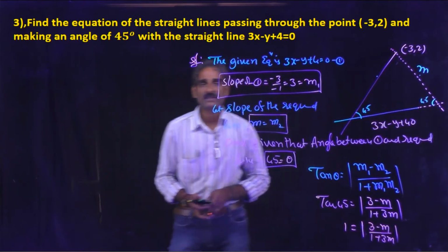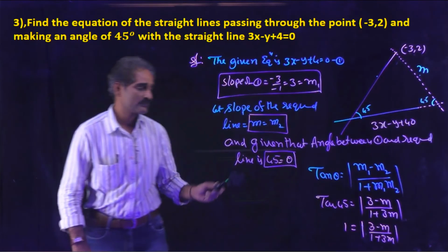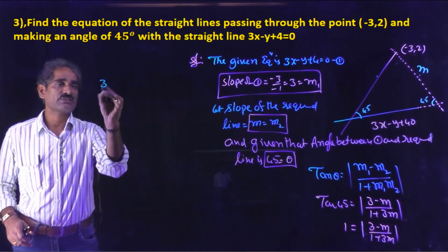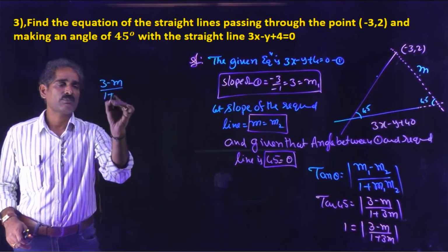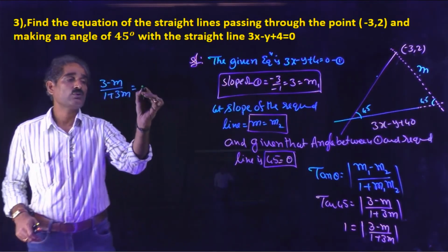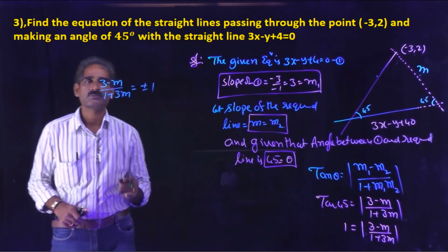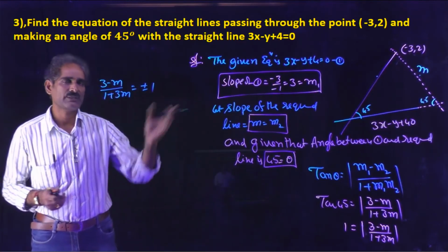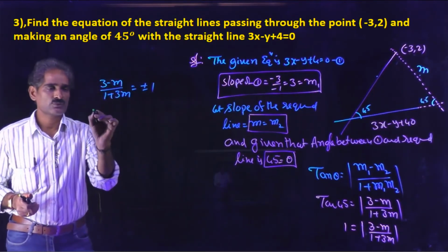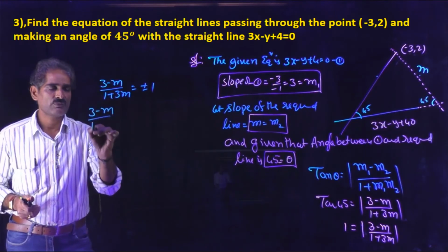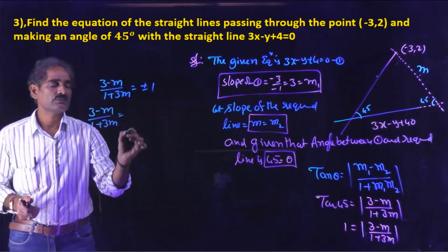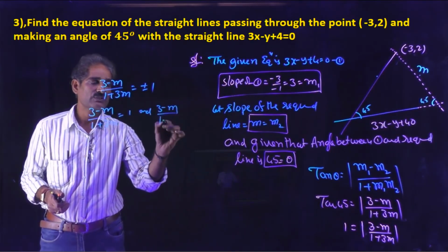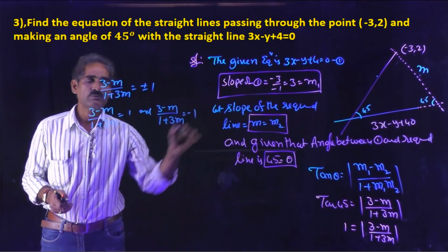From this we will get two values for m. So you can write (3 minus m) by (1 plus 3m) is equal to plus or minus 1. If you take plus 1, we will get one value for m, and for minus 1 we will get another value. So (3 minus m) by (1 plus 3m) is equal to 1, and (3 minus m) by (1 plus 3m) is equal to minus 1.